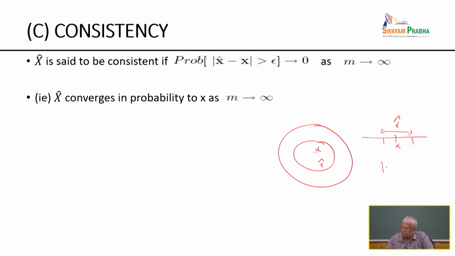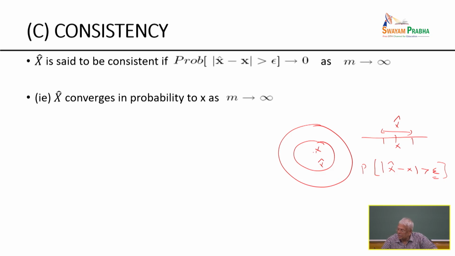I want to ask: the absolute value of x hat minus x is greater than epsilon. What is the probability of this event happening? So, what is the probability that the estimate x hat will exceed the true value, by an absolute difference greater than a small number epsilon?